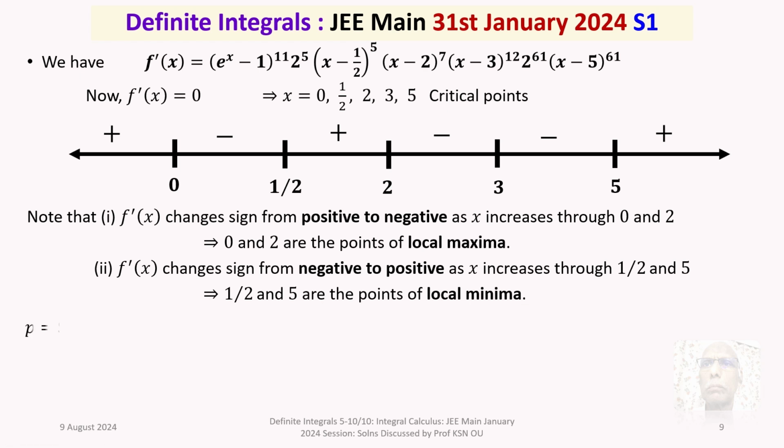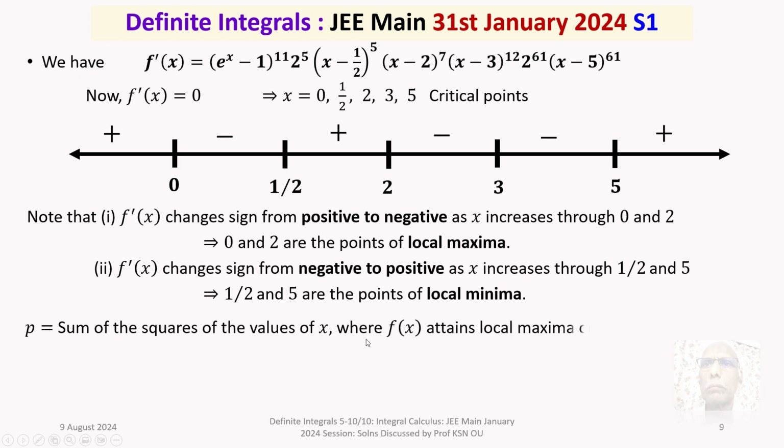Now what is P? P is the sum of the squares of the values of x where f of x attains local maxima on S. Local maxima is attained at 0 and 2. The sum of the squares is 0 square plus 2 square, which is equal to 4.